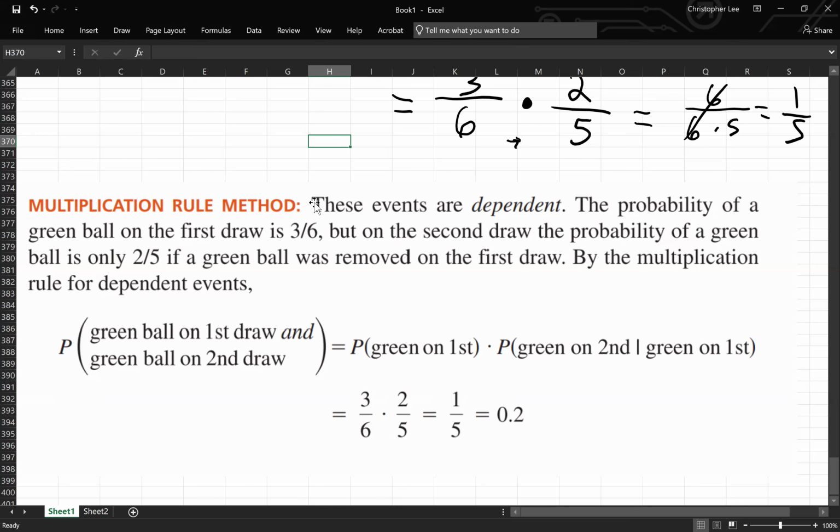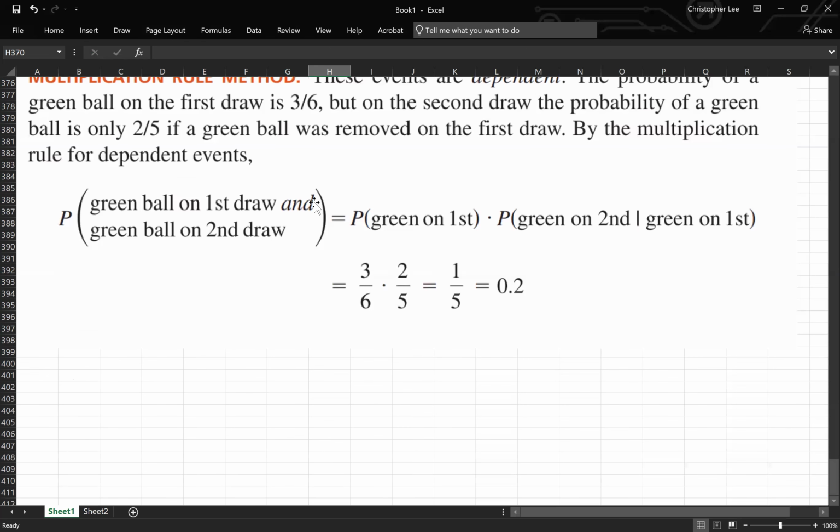By the multiplication rule for dependent events, the probability of green on the first and green on the second is equal to the probability of green on the first times the probability of green on the second, given green on the first, which works out to 3/6 times 2/5. That becomes 1/5. I am not asking for decimals. You can just leave it as a fraction.